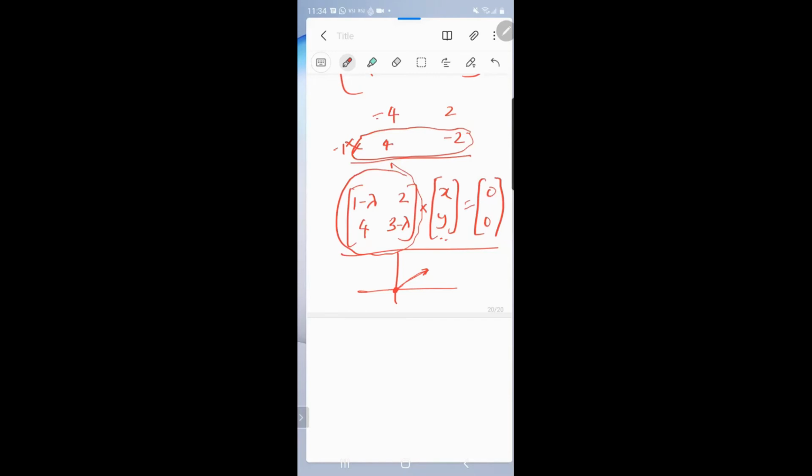The only way that a line gets crushed to a point is if the transformation is changing this line, increasing or decreasing its length. If I'm crushing everything to a single point, I'm crushing all the points on this line to that one single point.